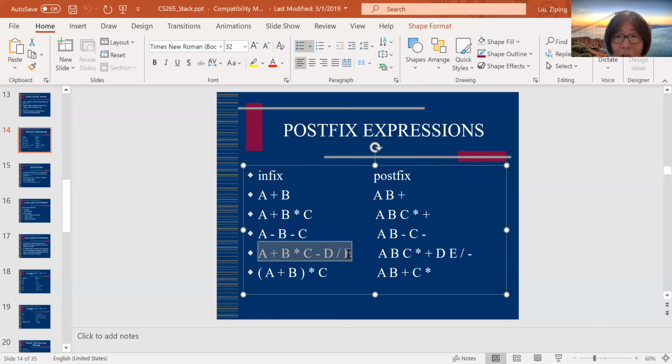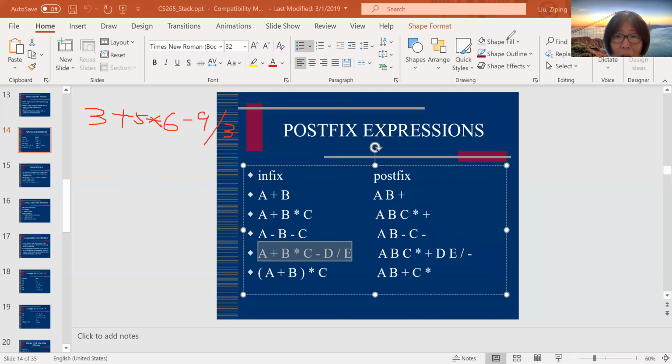Let me first annotate it so that we can understand. Suppose 3 plus 5 times 6, then minus 9, and divide by, suppose, 3. Suppose we have this.